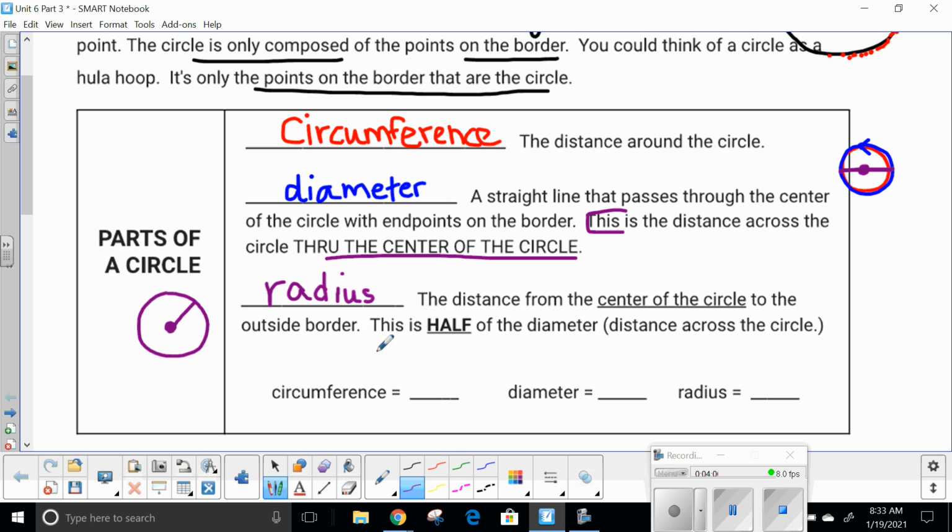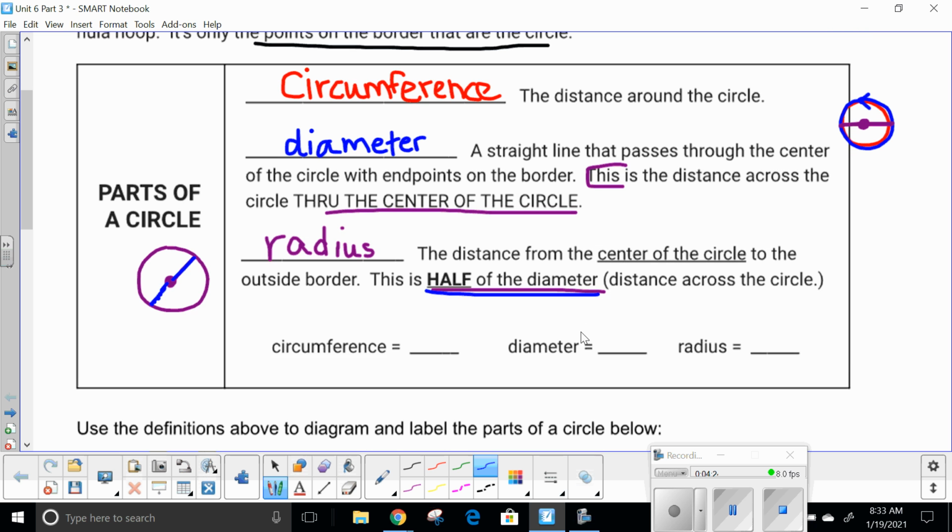And it's half of the diameter, because remember, the diameter is the distance what? All the way across, right? So if I go all the way across, I basically have two radius added together. So the radius is just half of the distance across the circle.